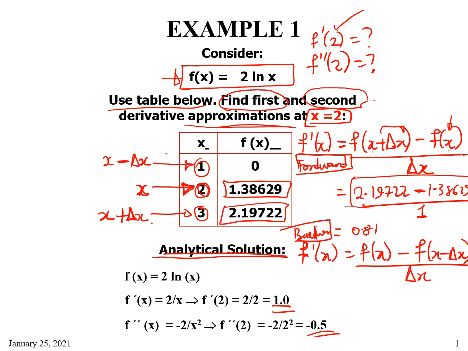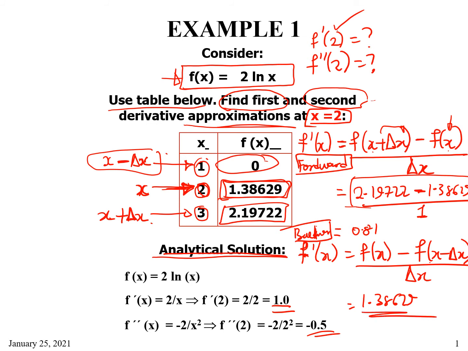So what's f of x? This is x, right? At 2, it's 1.38629. What's f at x minus delta x? X minus delta x is here, so it's 0. Minus 0. What's delta x? Same thing. 2 minus 1 is 1. So that's your result for the backward difference.